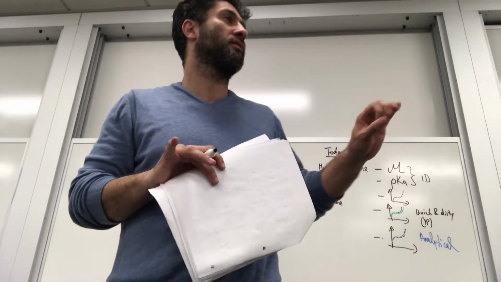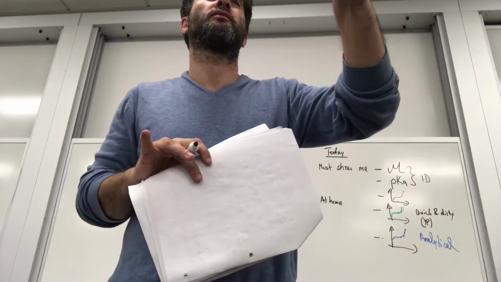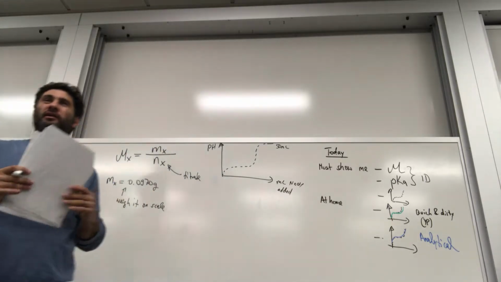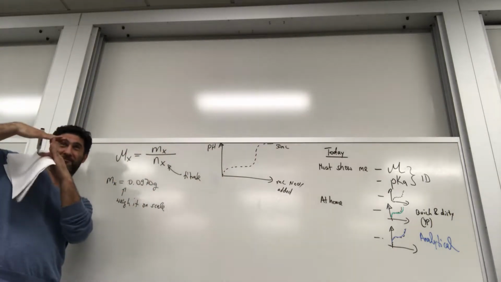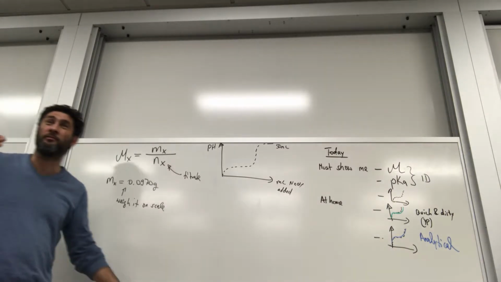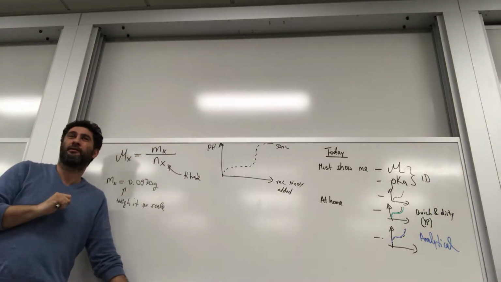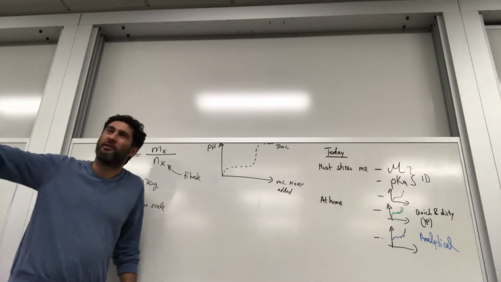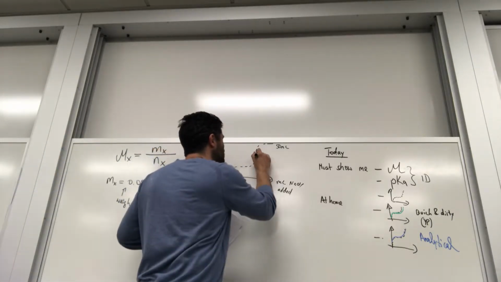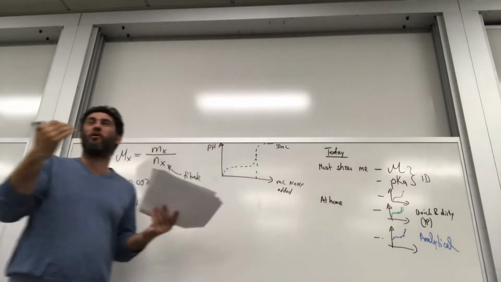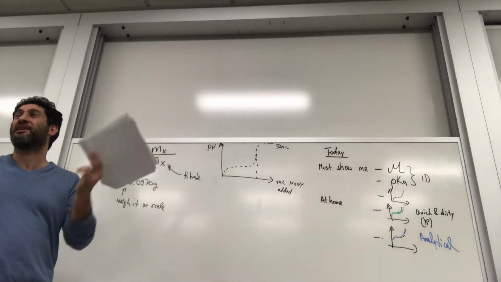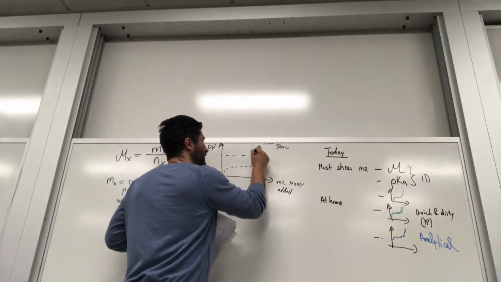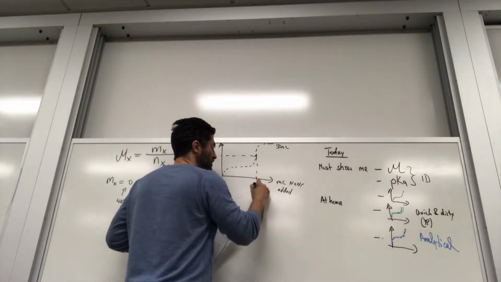Who said 3? You also said 3? What's 3? What is 3? Speak up. That's the equivalence point, where the moles of base is equivalent to the moles of acid.